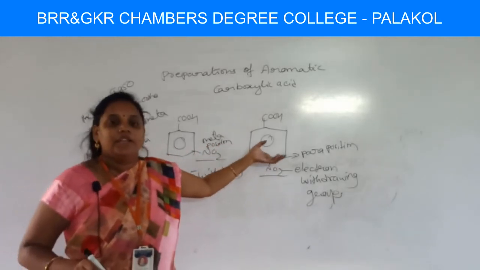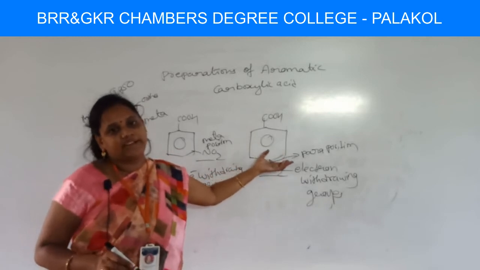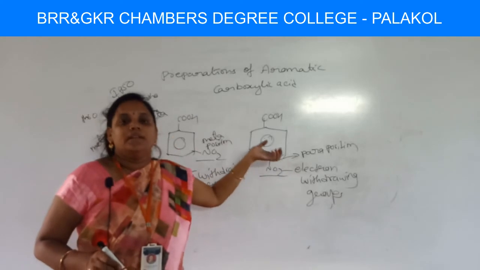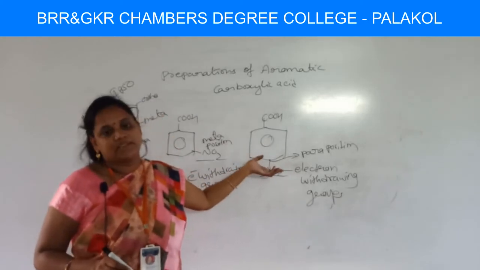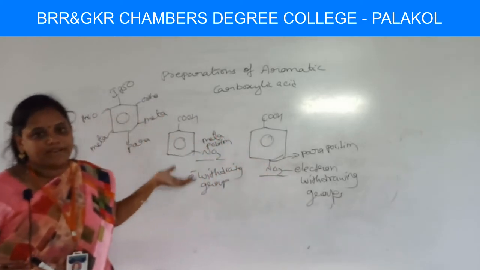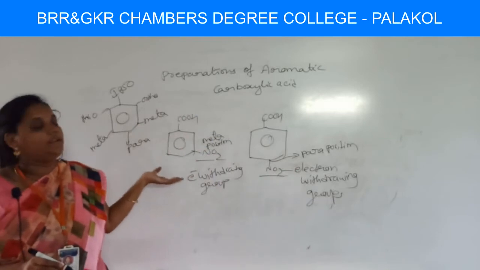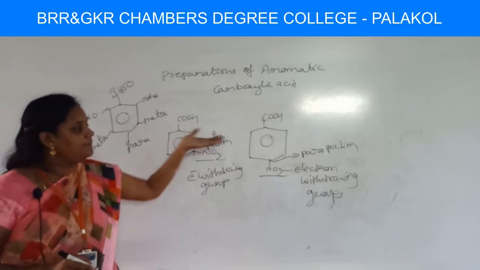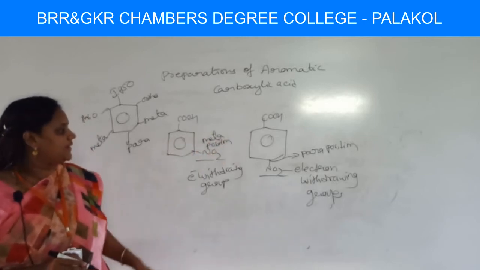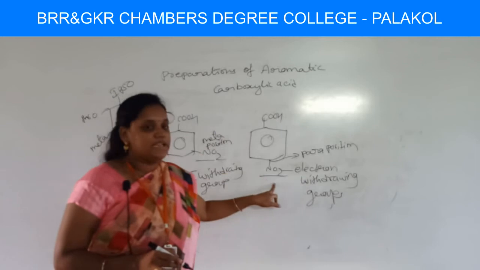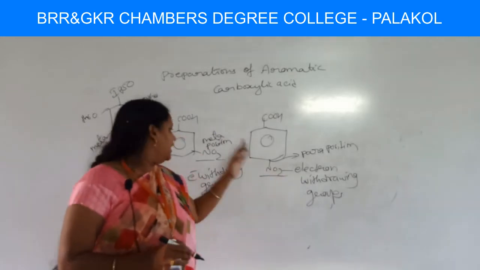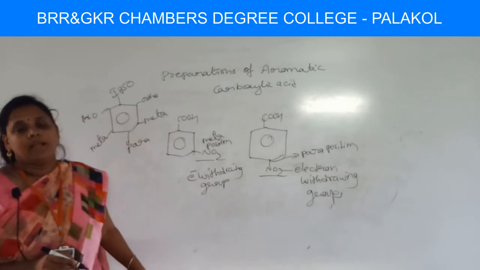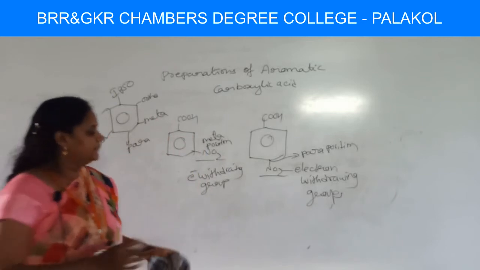In para, you form more stabilized resonating structures, whereas in the case of meta, you do not find such stabilized structures as found in the para position. That's why the para isomer is stronger when compared to the meta isomer of nitrobenzoic acids.